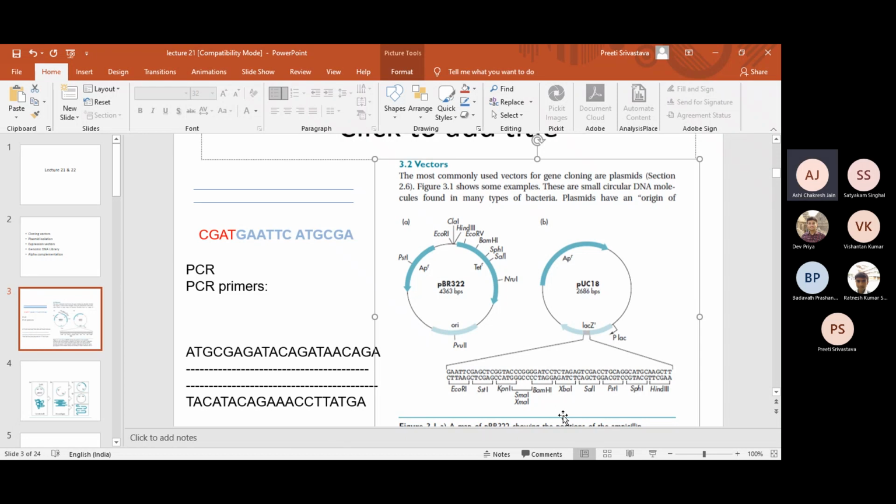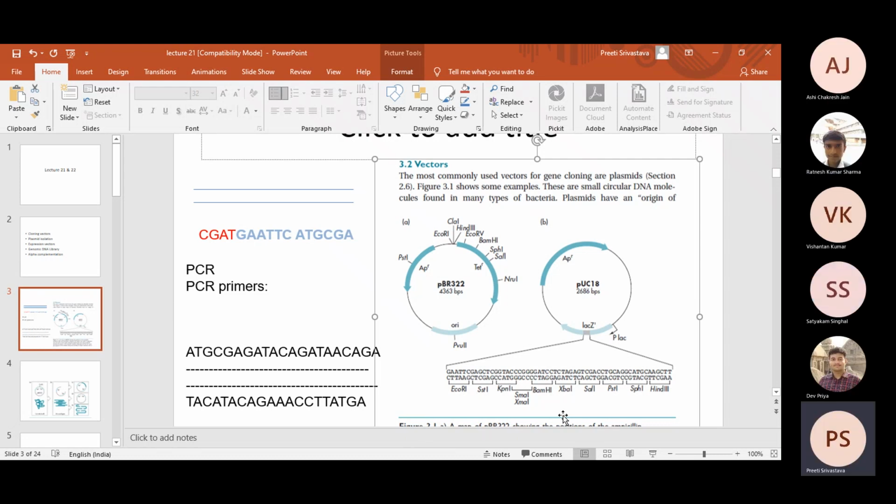Ma'am, will we use two different sites instead of one site? Yes, very good. You will use two different sites, but then what are these two different sites from this map of pBR322? Which one would you select?